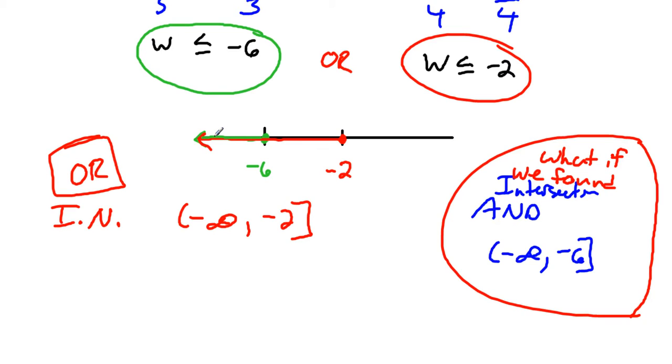So OR is anything, and AND is the overlap. OR is anything at all, OR is either color. Tell me red or green, doesn't matter. And has to be both red and green at the same time.